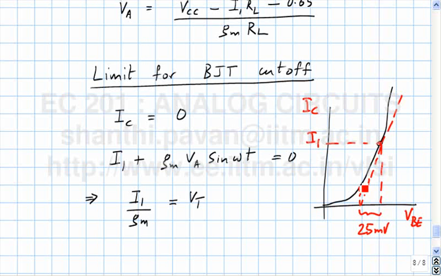Can somebody quickly tell me what the quiescent current will be at this point? For VBE quiescent it was I1. Now the voltage is reduced by 25 millivolts. It will be I1 by e. So e is about 2.7, so it's about 1/3 I1.